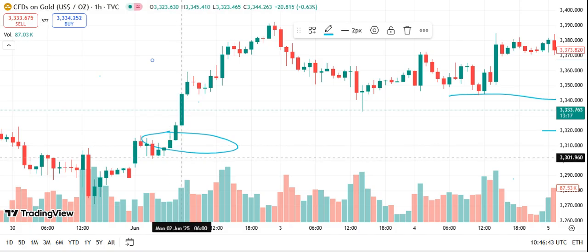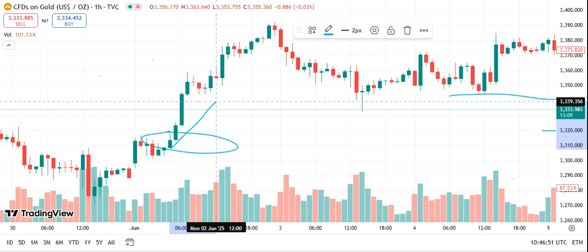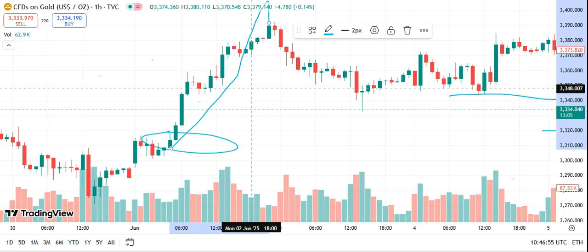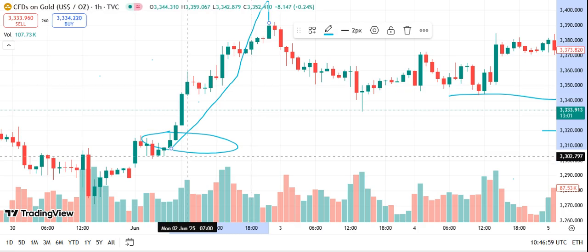Looking at this candle that we discussed in our last video, we can see that it played out very perfectly from this side straight up to this side. If we were to use the strategy that I explained in the previous video, we could have hit our profitable margin and even waited for another entry.